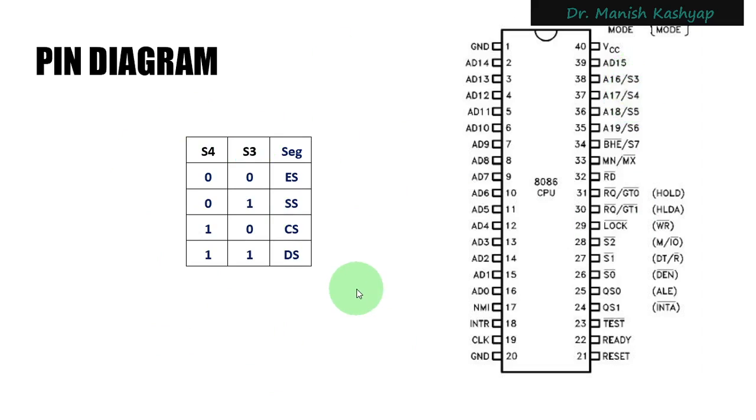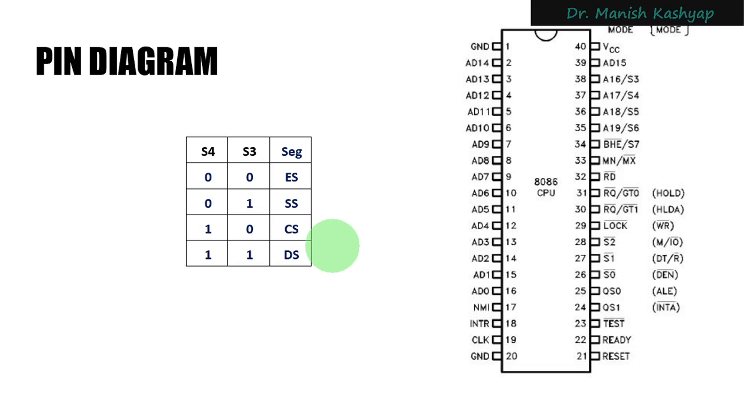So if you see here, S4, S3 and the segment. If the microprocessor is dealing with the externally interfaced memory, then since inside the memory we have four segments, the extra segment, stack segment, code segment, and data segment. And apart from that, there is also a lot of vacant memory which is used for different purposes, which we will come to later.